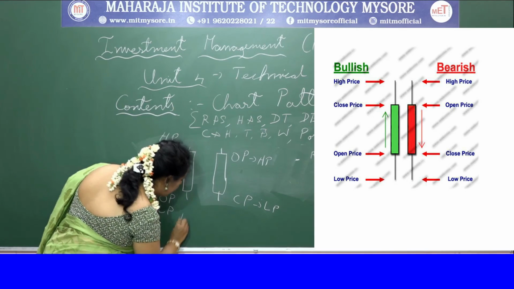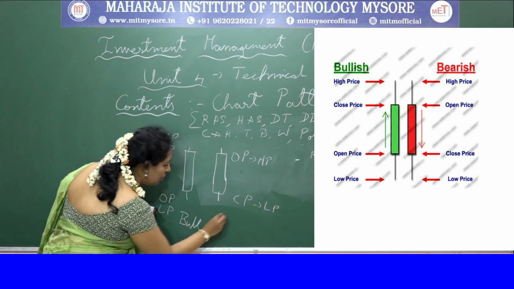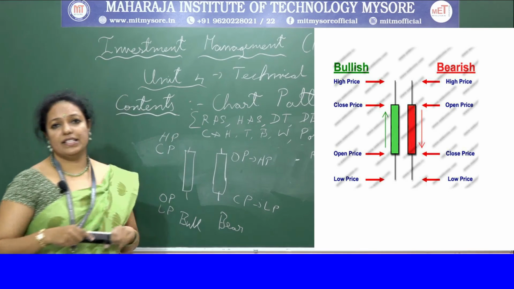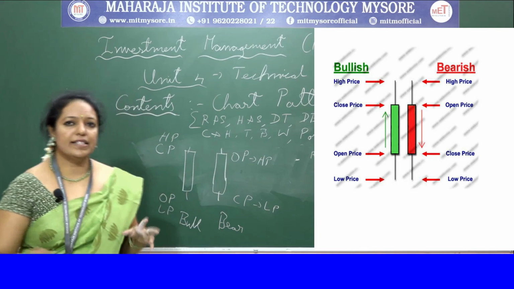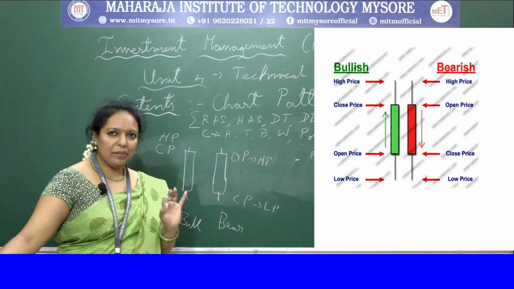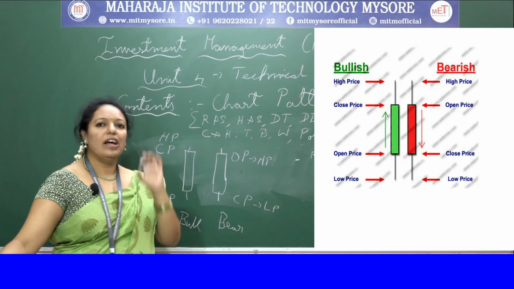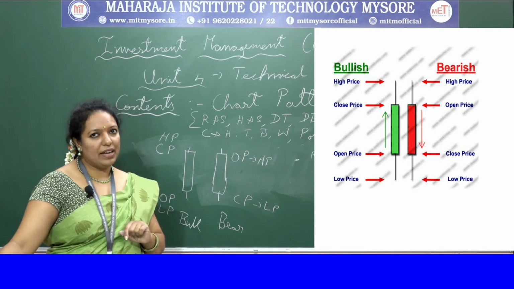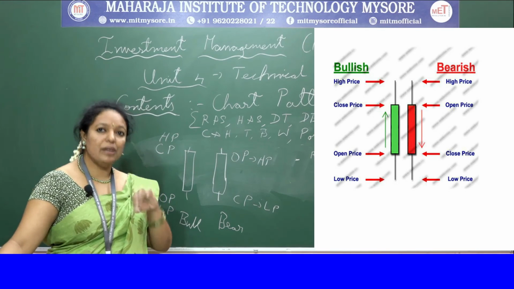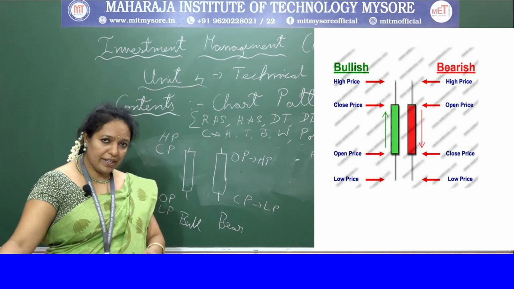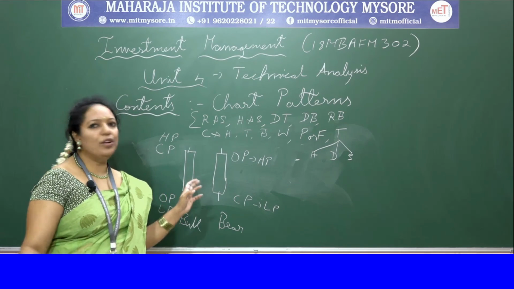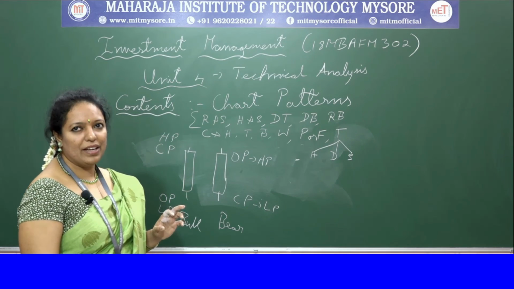This is bull, and this is bear. Whenever we say bull market, the opening price will be low and the closing price will be high. Whenever we say bear market, the opening price will be high and on that particular day the closing price will be low. That is bull market and bear market.